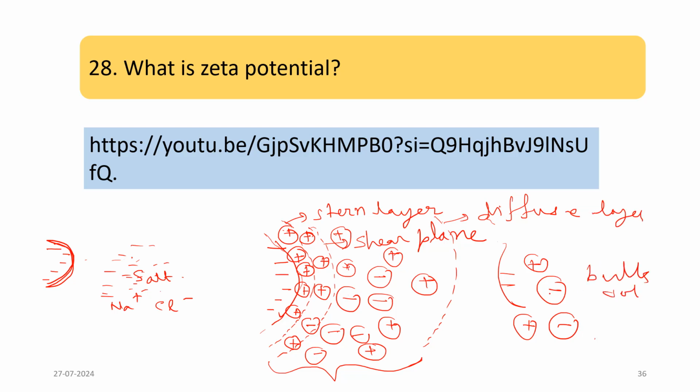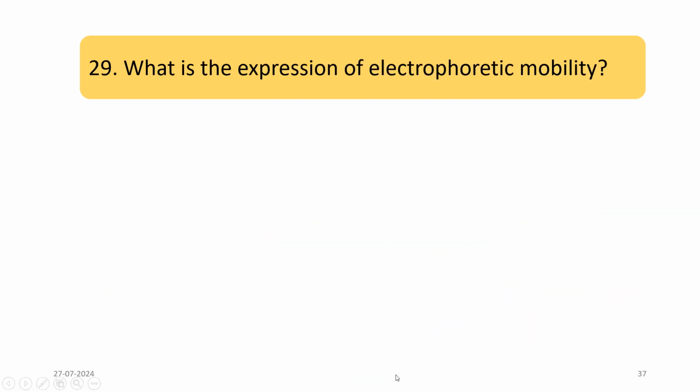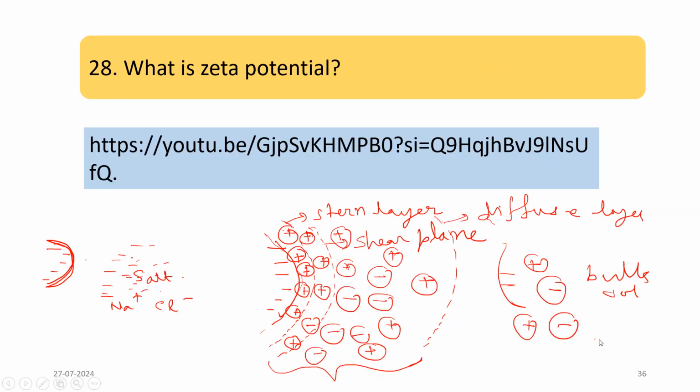In the bulk solution, the concentration of positively and negatively charged particles is similar. But before that, there is a distribution of positive and negative particles, divided in three layers. The first is the Stern layer, which is always fixed. The second is the shear plane, and the third is the diffuse layer.